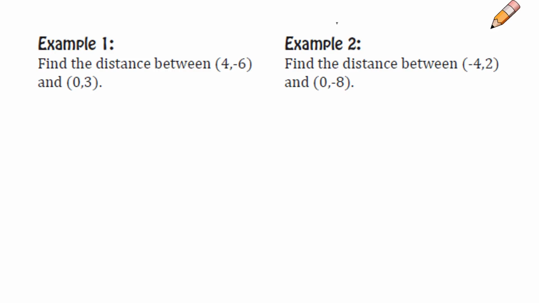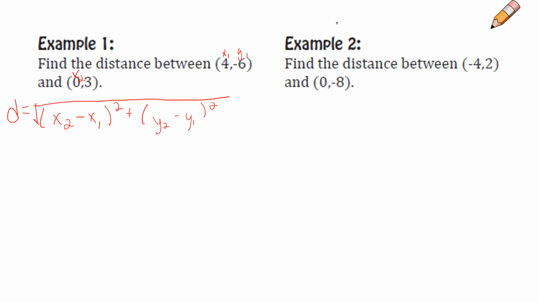So we're going to look at two examples of using the distance formula when just given points. So first let's write the distance formula. D equals the square root of x2 minus x1 squared plus y2 minus y1 squared. And in our first example, the first set of points is x1, y1, and x2, y2.